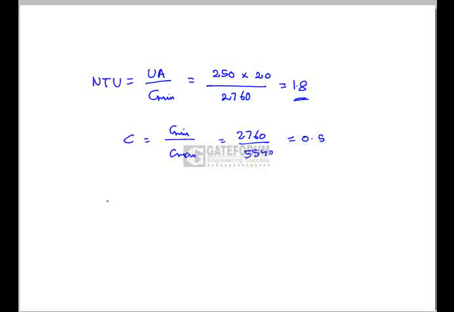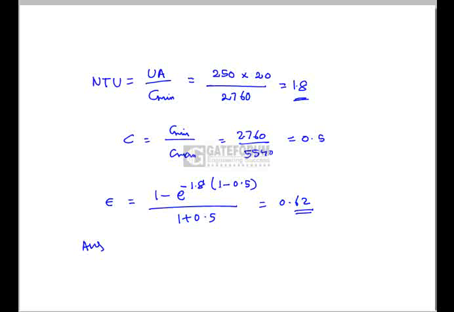Now consider the effectiveness formula, which gives 1 minus e power of minus 1.8 into 1 plus 0.5 by 1 plus 0.5, so it gives a value of 0.62. So here the effectiveness of the heat exchanger is equal to 0.62, and 0.62 is the right answer in the options. The correct option is C. C is the right answer for the first question.